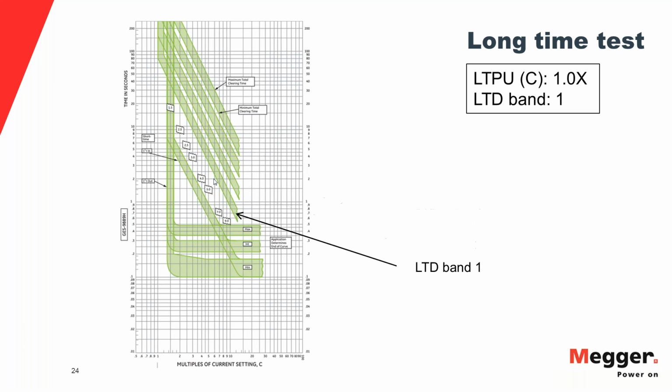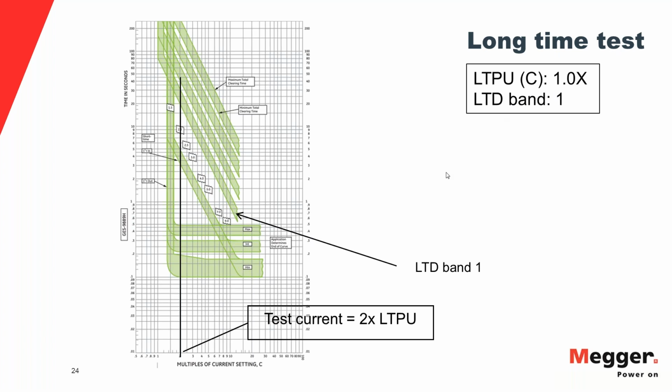The pickup has been set at 1 times the rating of the overcurrent device. As you can see, it says 1.0x here. Since the pickup has been set at 1.0x and the pickup is denoted as C, as we said in the previous slide, we would inject a current of twice the pickup value.